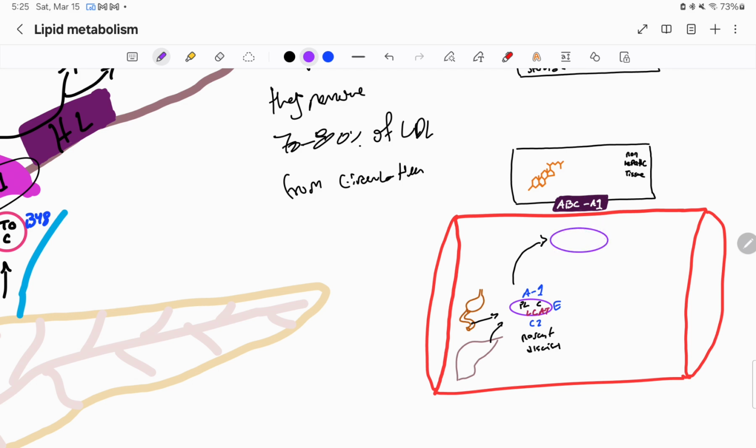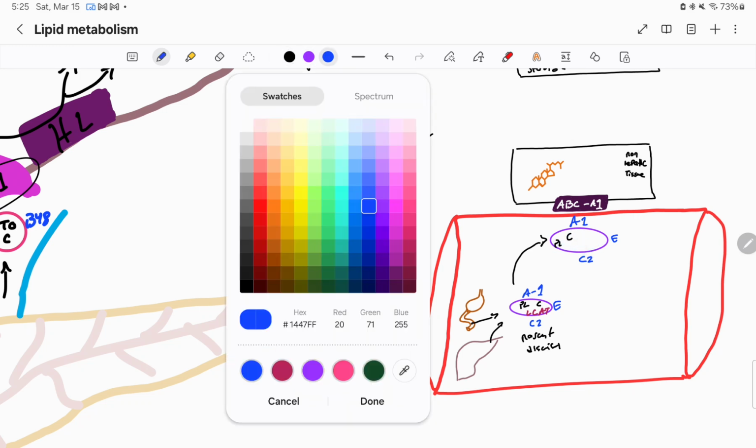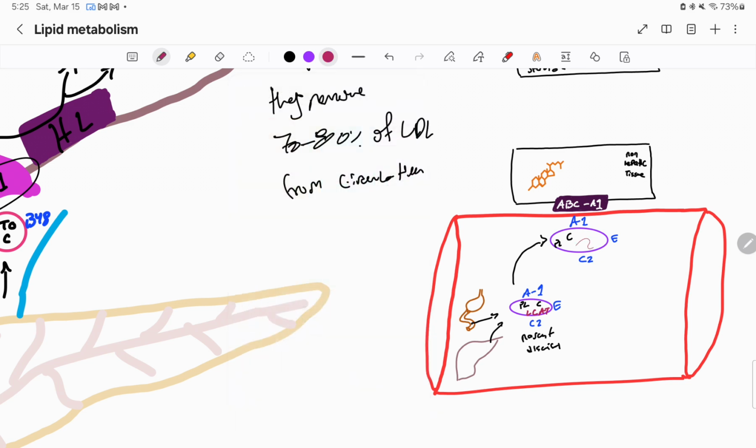Here's that actual nascent or discoidal shaped HDL molecule. And what does it have on it? It's got the ApoC2 on it, it's got the ApoE, and it's got the ApoA1. It's got some phospholipids in here. It's got some cholesterol, and it's got that famous enzyme, LCAT.